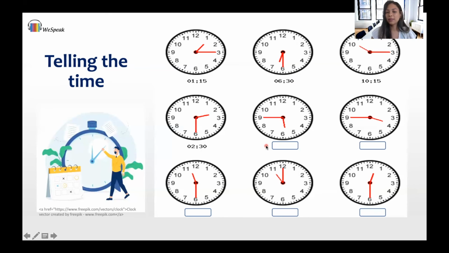What time is it? It's 5:45. What time is it? It's 3:45. What time is it?